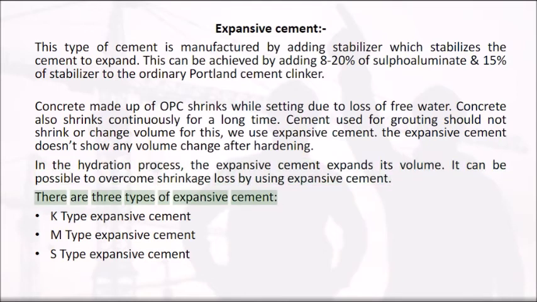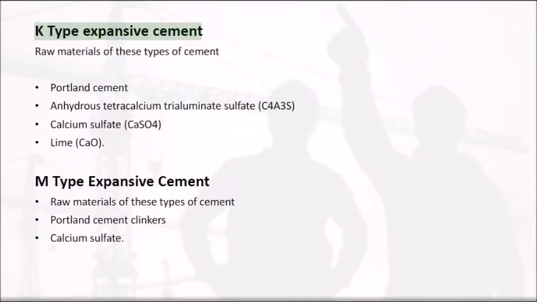There are three types of expansive cement: K-type expansive cement, M-type expansive cement, S-type expansive cement. K-type expansive cement.